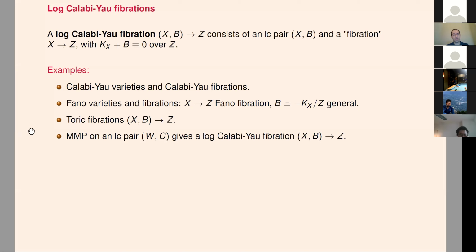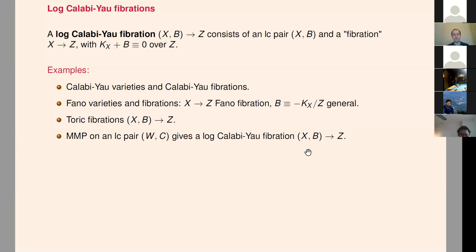Another huge set of examples is that when you run the minimal model program on a log-canonical pair or KLT, or even smooth ones, W and C, where W, for example, is a smooth variety, C is a boundary divisor, then in the end, in some cases, you will get a genuine log Calabi-Yau fibration. By genuine, I mean with positive dimensional fibers.